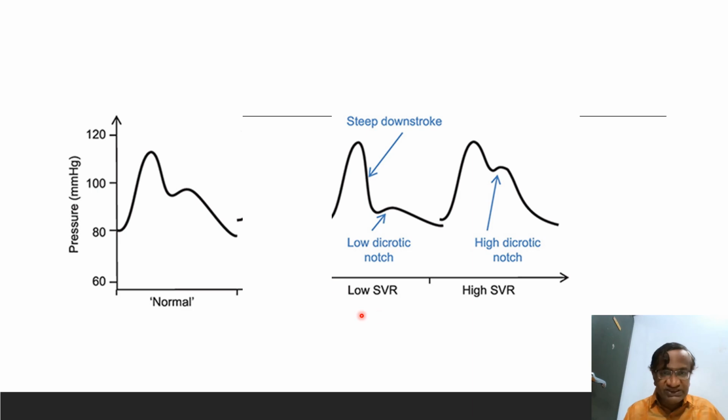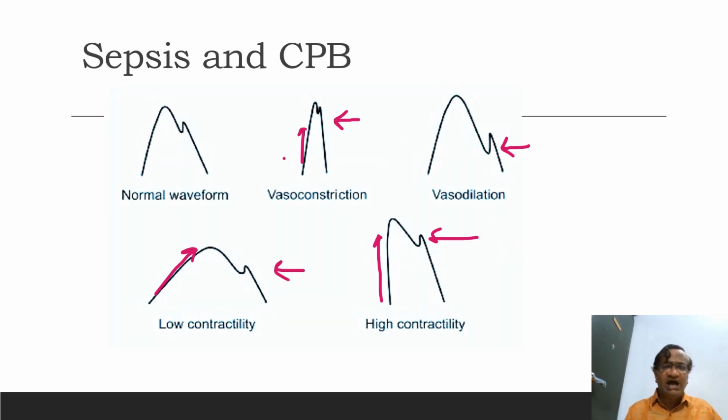Now you see this is the low SVR and this is the high SVR. Now this is a normal waveform, vasoconstricted high SVR, and this is relatively low SVR. And this curve, if it goes like this, then we think that the sepsis is coming down because the vasodilatation is coming down.